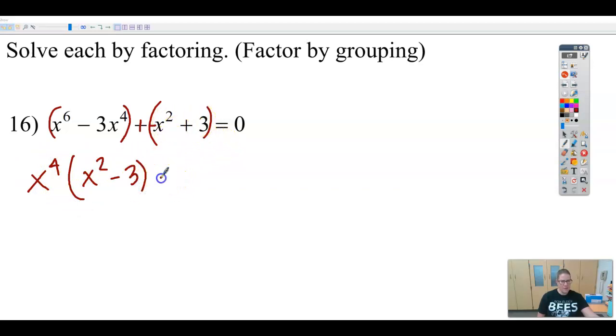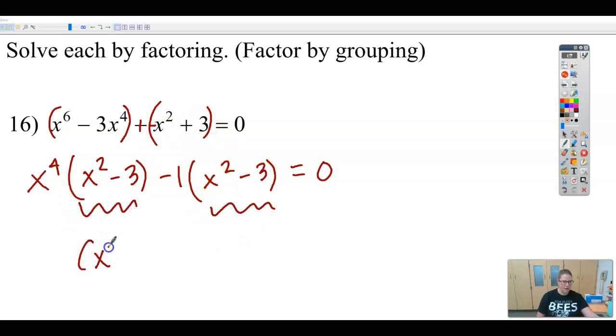And here, if I pull out a -1, since my leading coefficient is negative, that will leave me with x squared minus 3. Right? -1 times x squared is negative x squared. -1 times -3 is positive 3. Now notice that x squared minus 3 matches here and here, so I'm going to pull that out front. And what would be left is x to the 4th minus 1 equals 0.